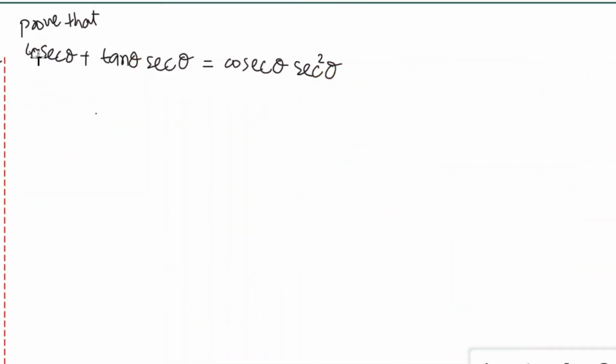Here is another question to prove. If you notice, the left hand side has cosecant and secant, and the right hand side is also in the form of cosecant and secant. So all you have to do is convert it into the simple ratios sine and cos. So 1 over sine theta plus sine theta over cos theta, 1 over cos theta.